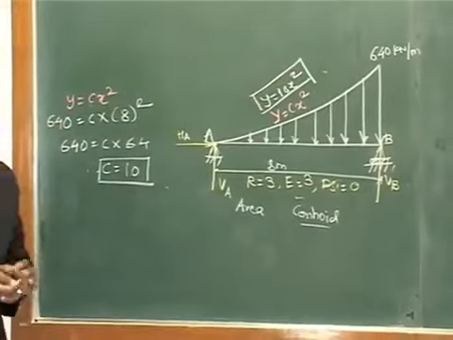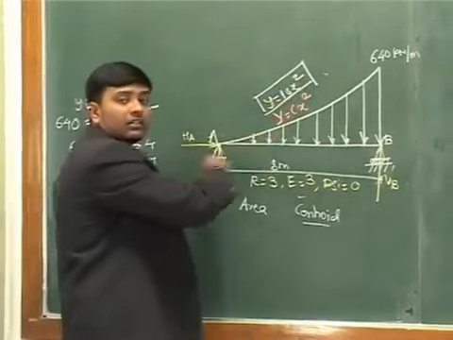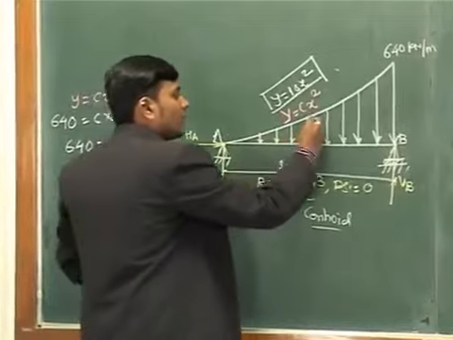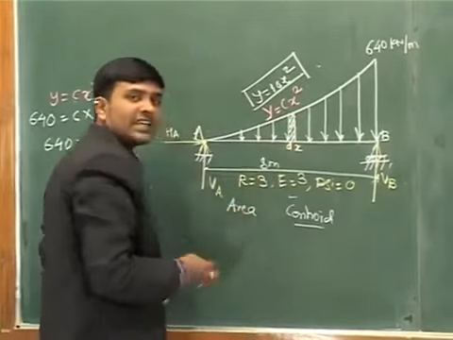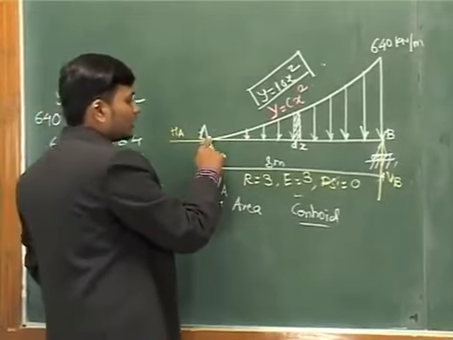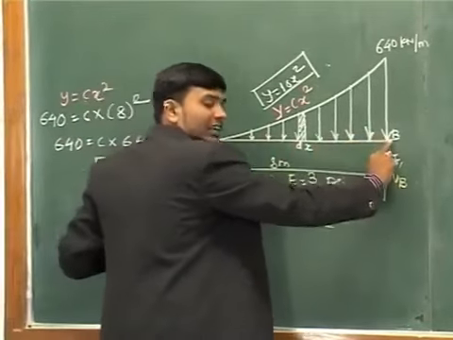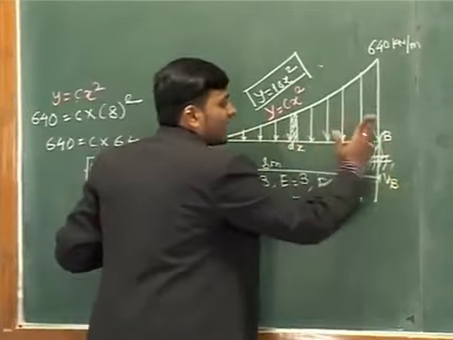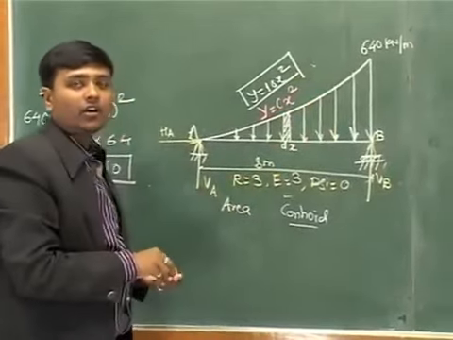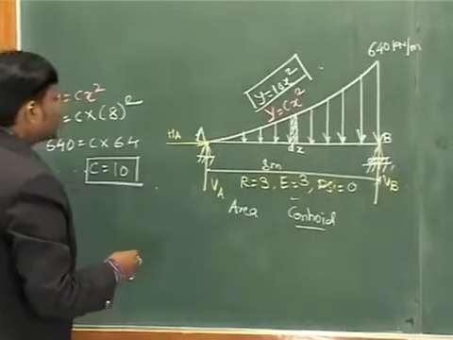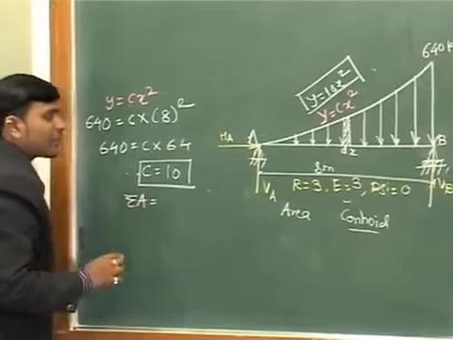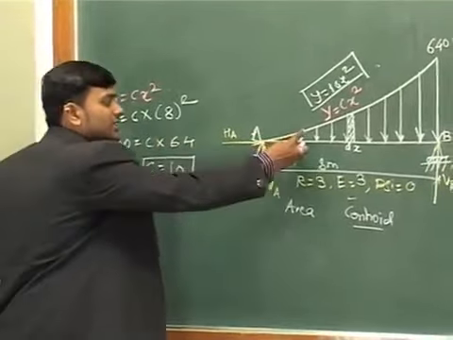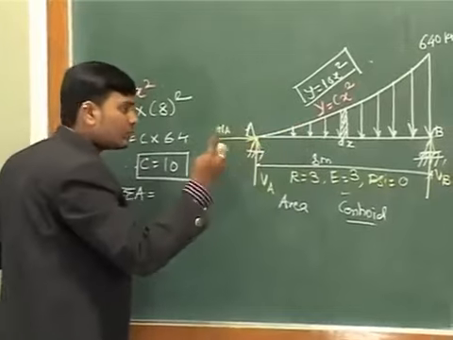Now if we have to calculate the area under the curve, we have to consider one elementary strip of length dx and integrate it from the lower limit 0 to upper limit 8. When you integrate it, you can calculate the area under the curve. The area is the magnitude of force when you convert this load into point load.